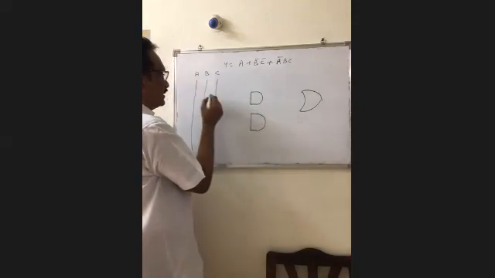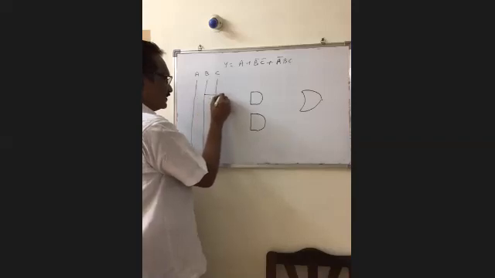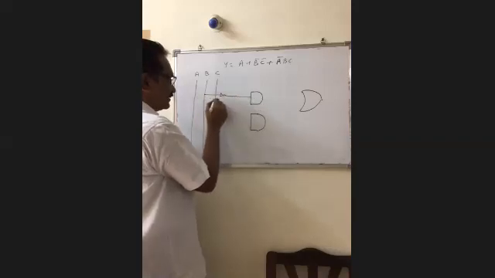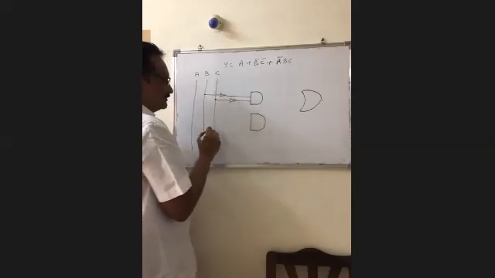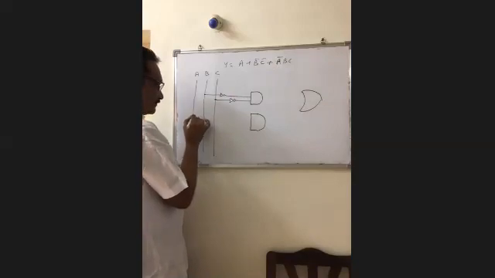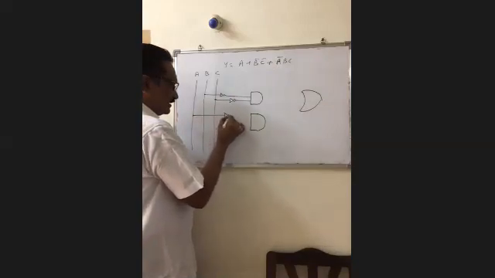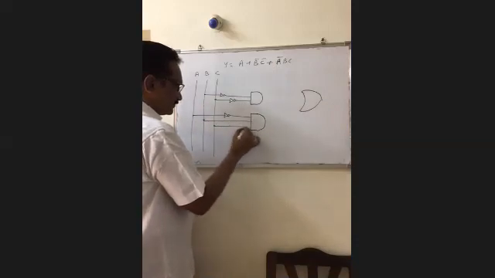B bar and C bar. So it requires NOT gates. So this is B bar, and this one is C bar. For this one, A bar BC, it requires one NOT gate, A bar, B, C.